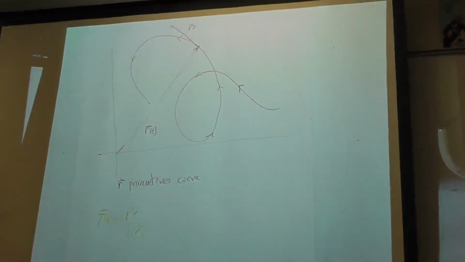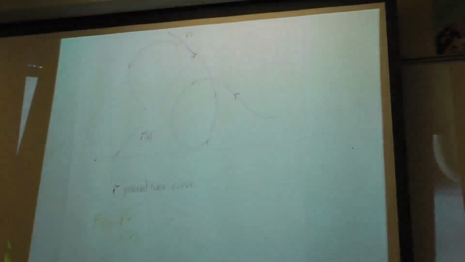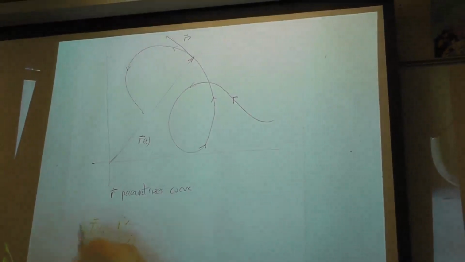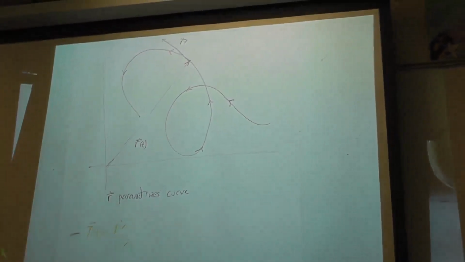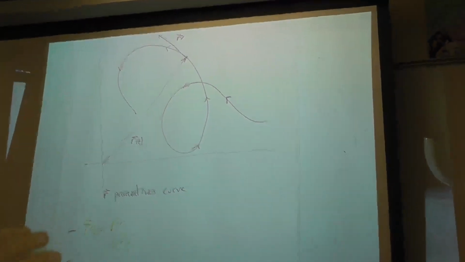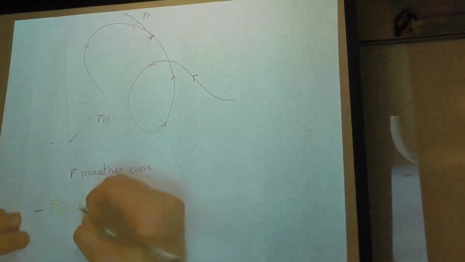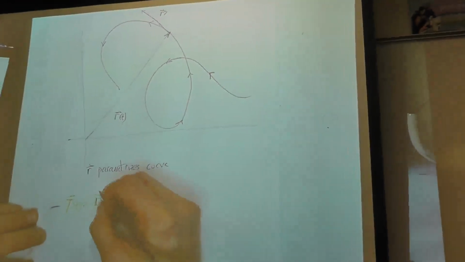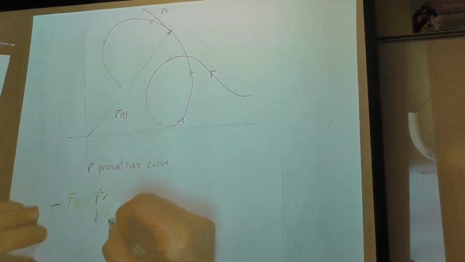So then a green pen would be a little bit darker. Yeah, thank you. Watch it be too dark. Okay, so T is R prime divided by its magnitude.